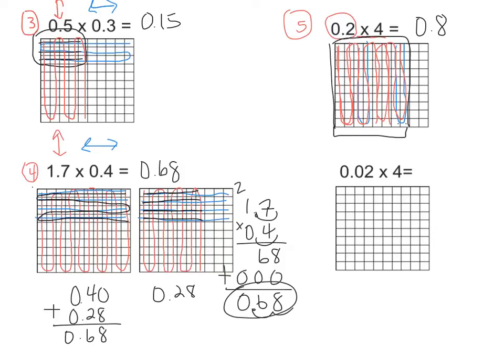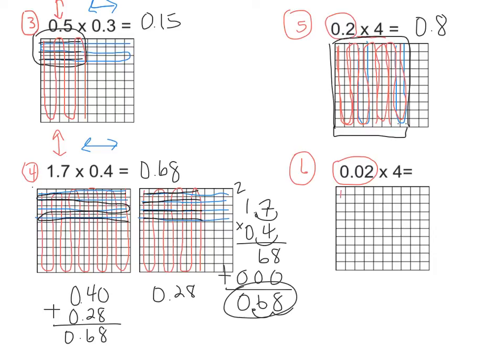In the next example, I have a very similar problem, except this time my first number is 2/100ths times 4. And I know 2/100ths means 2 little squares.